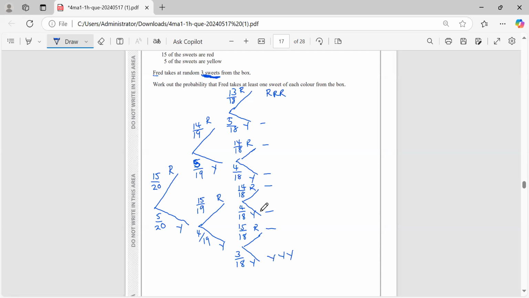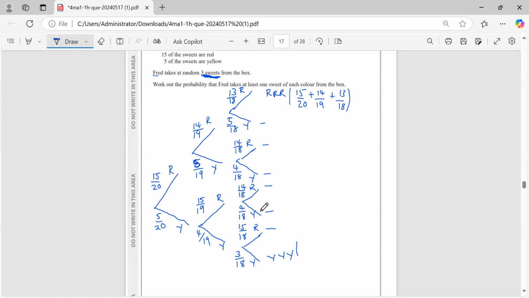So the probability here for red, red, red is 15 over 20 times 14 over 19 times 13 over 18, right?